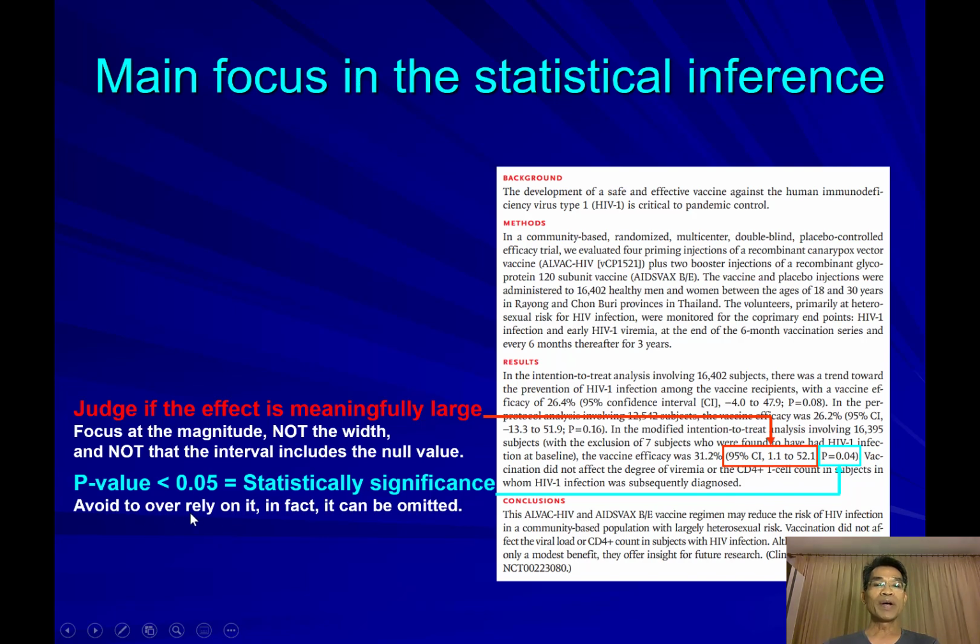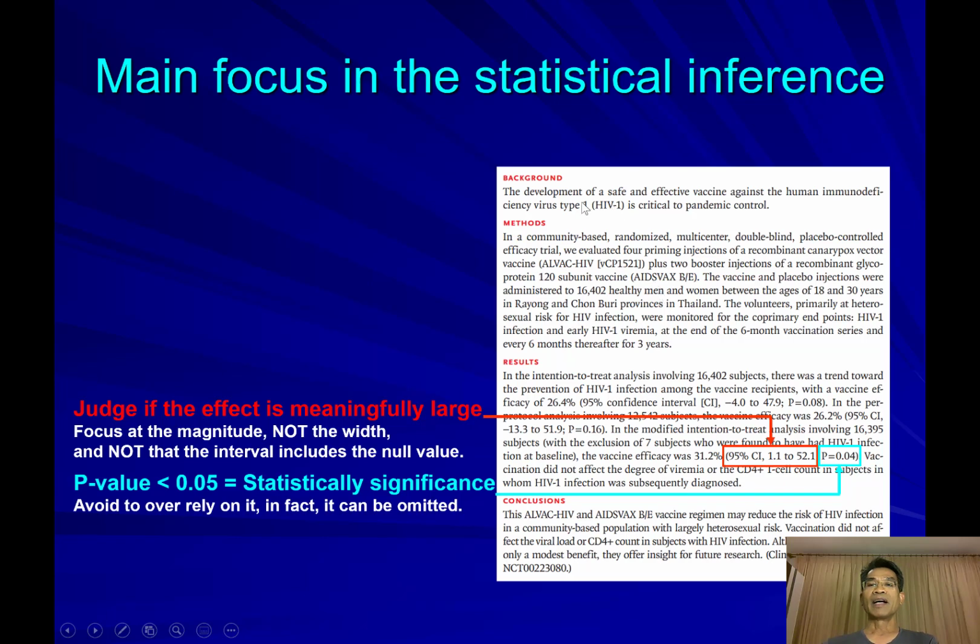The second one, the main focus: I would say that a p-value of less than 0.05 is the common cut point to say statistically significant, in short. But in longer form, I have already talked about that in the previous slides.